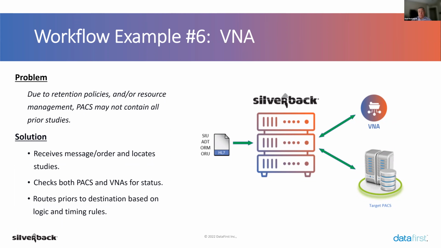Again, whatever trigger is driving the prefetch, be it HL7 or any of the others, we identify what exams would be useful as a relevant prior, and we pull those from the VNA and distribute those downstream to whatever the PACS or target viewing solution is.